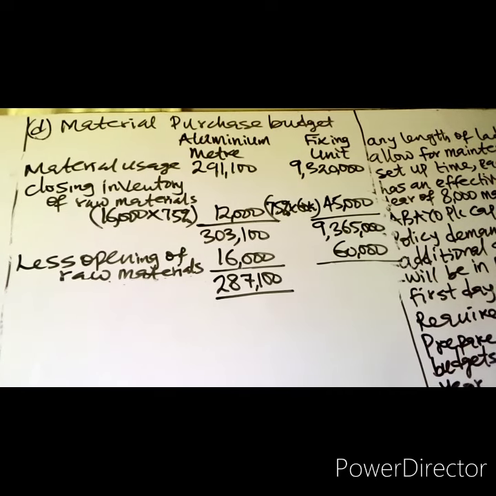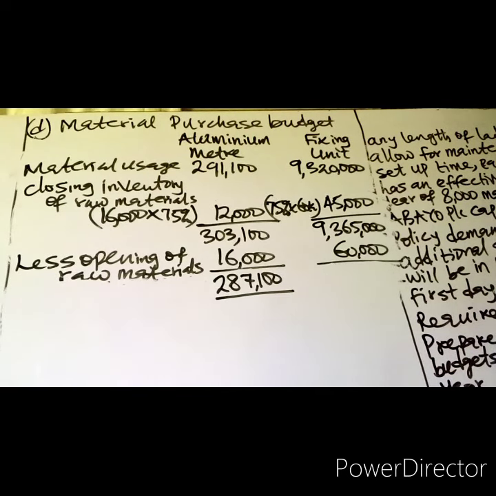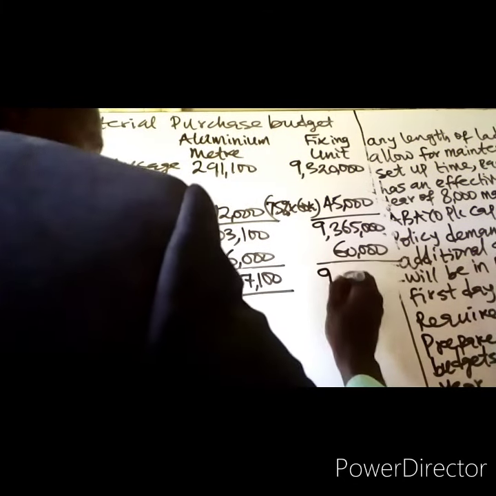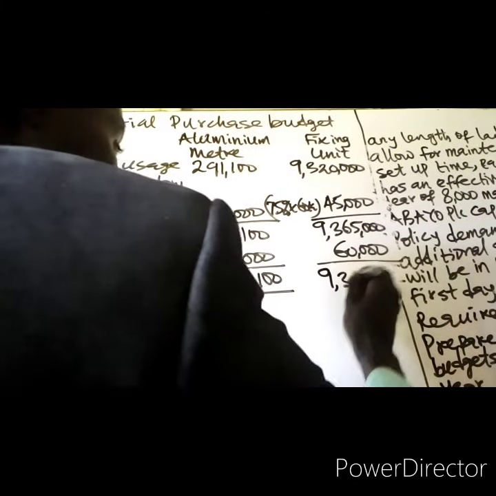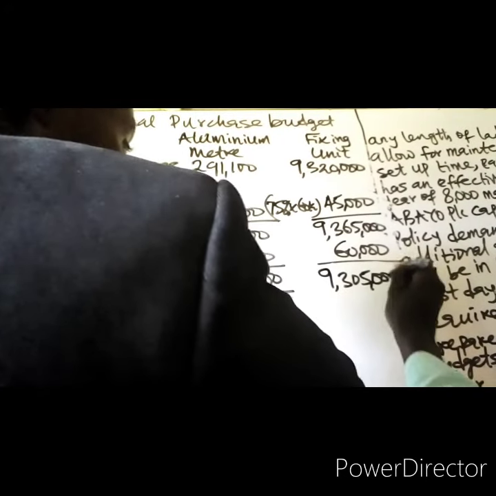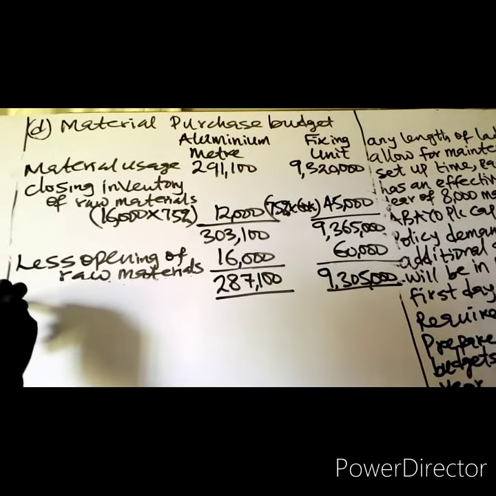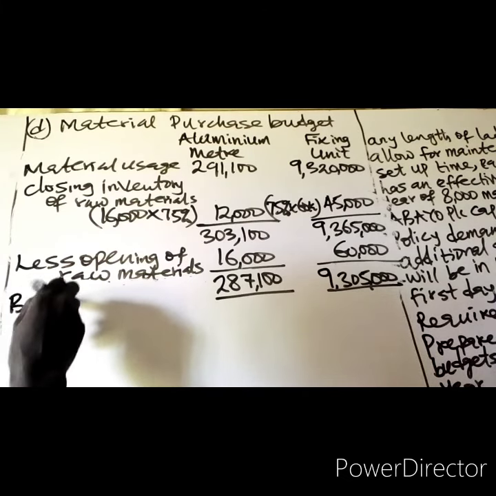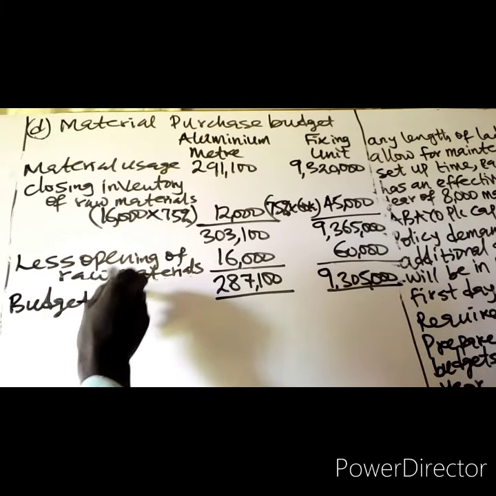That of fizzing, 9,365,000 minus 60,000 gives 9,305,000. This is the budgeted quantity purchased.